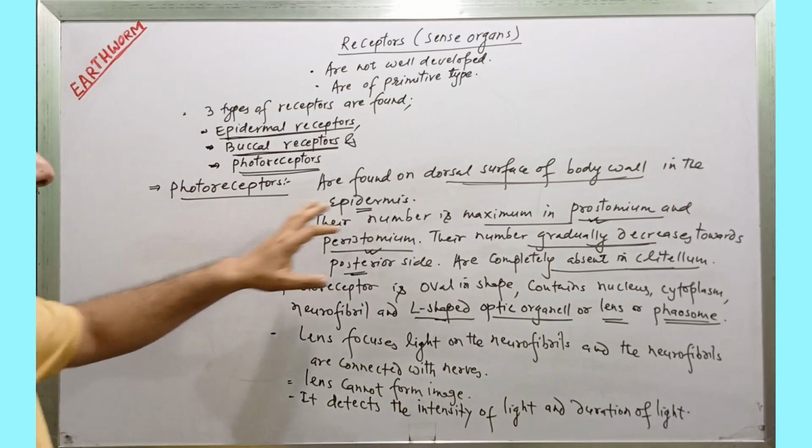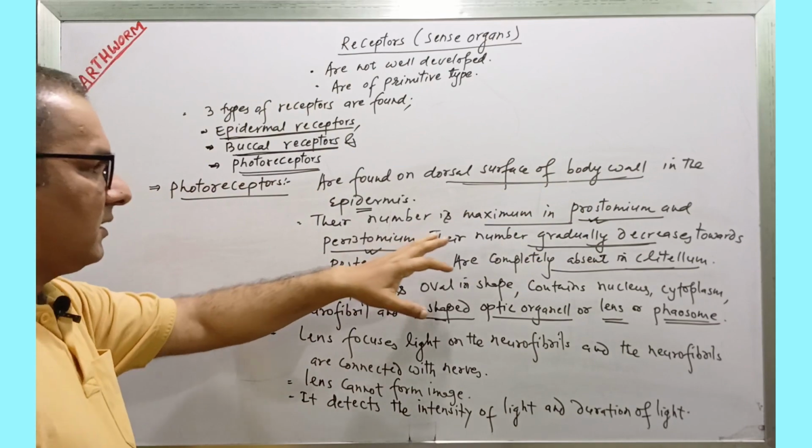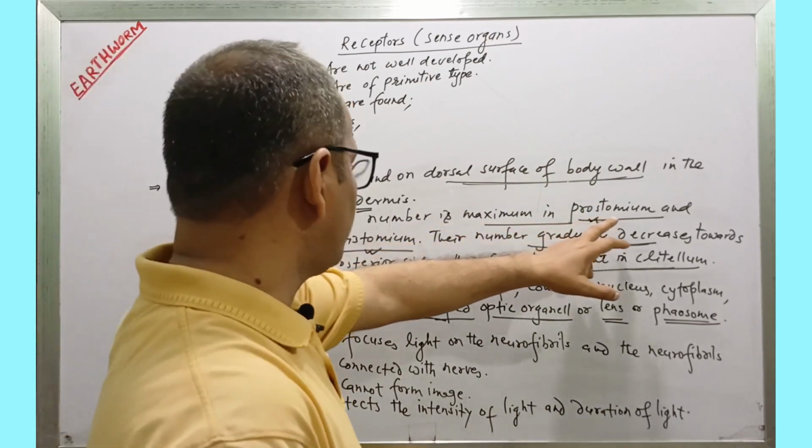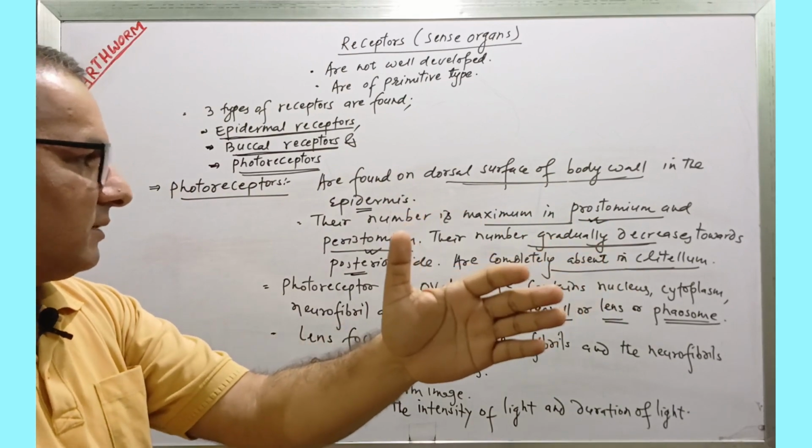The photoreceptors are found on the dorsal surface of the body wall, and their number is maximum in prostomium and peristomium, while the number gradually decreases towards the posterior side.